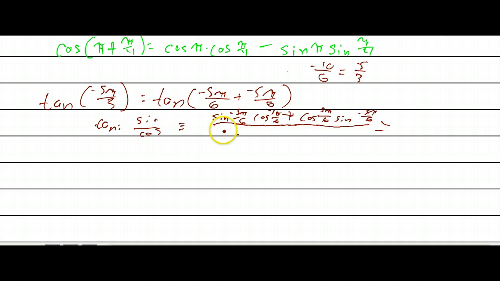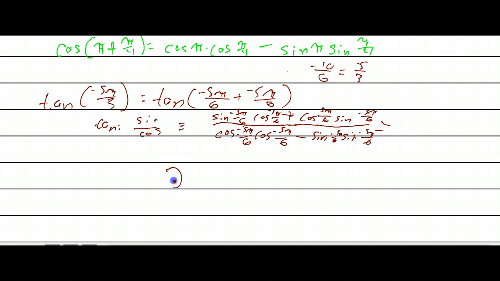So you're going to have to do the same thing here for cosine. So this will be cosine of negative 5 pi over 6 times cosine of negative 5 pi over 6 minus sine of negative 5 pi over 6 times sine of negative 5 pi over 6. So you can reduce this down actually.